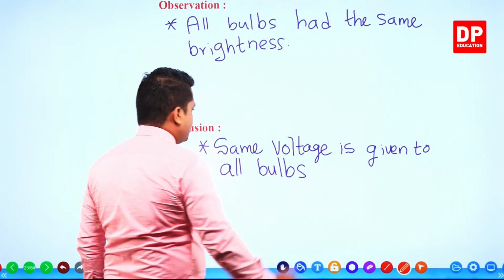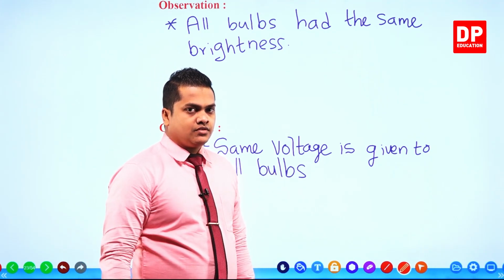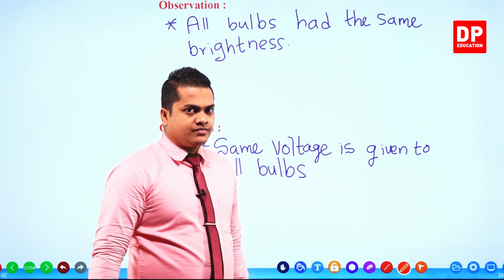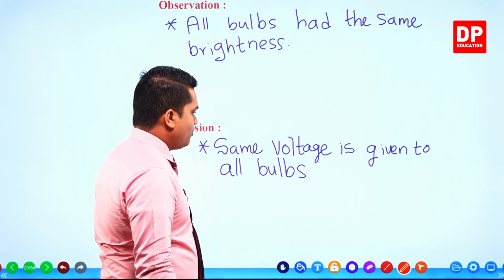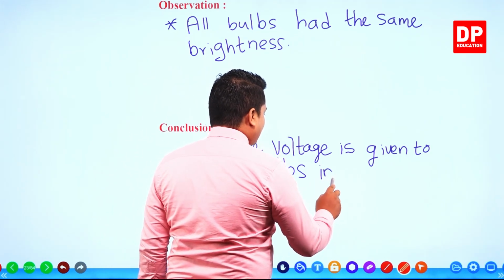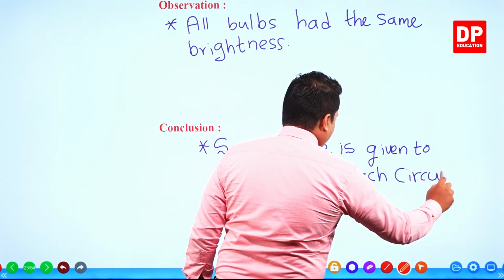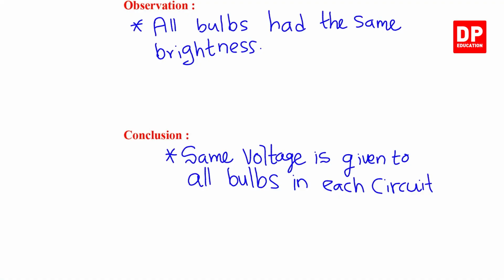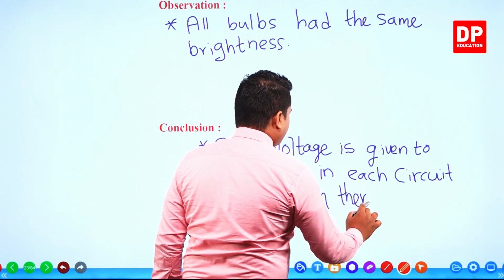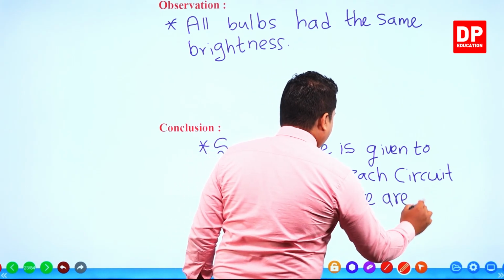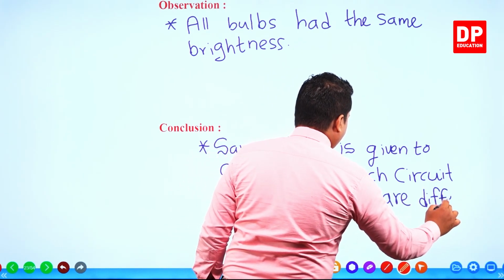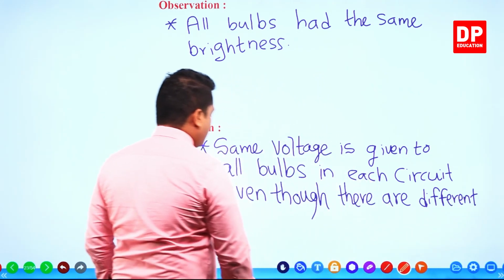Same voltage is given to all bulbs in each circuit, even though there are different numbers of bulbs.